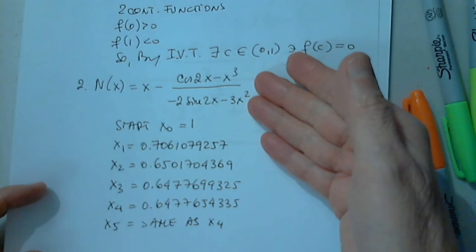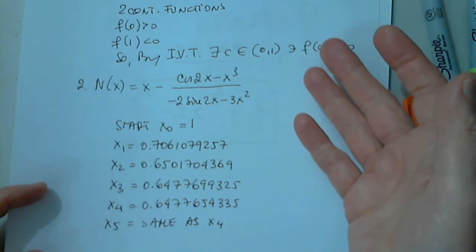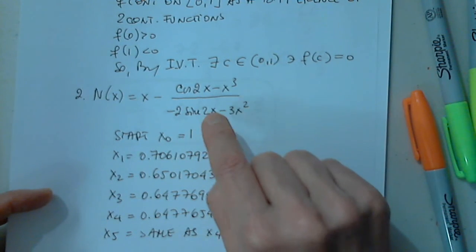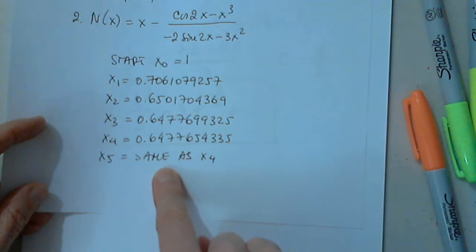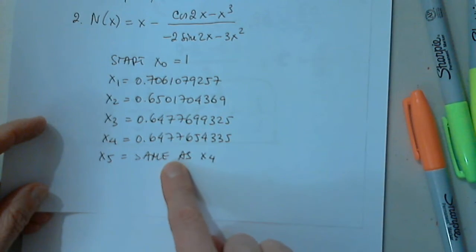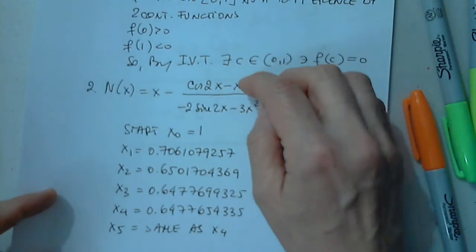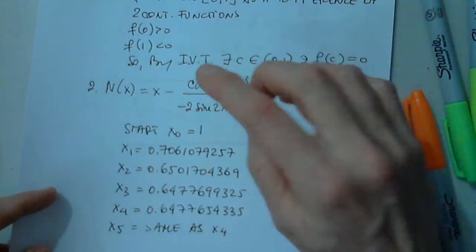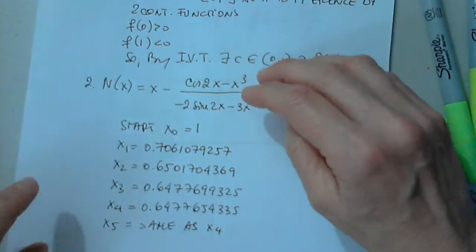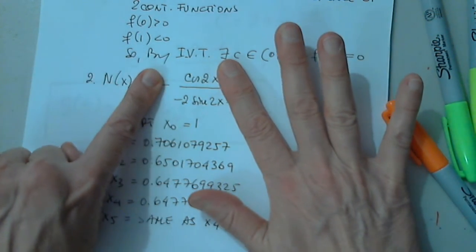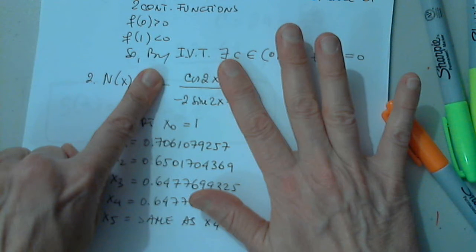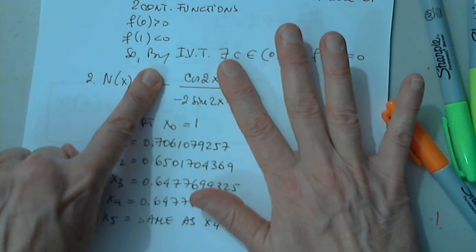Everyone came up with this function. Perfect. But if your calculator is not in radian mode, you got completely different answers, and your method may not even converge. So be very careful with the calculator. If I have just trig functions, it doesn't matter.